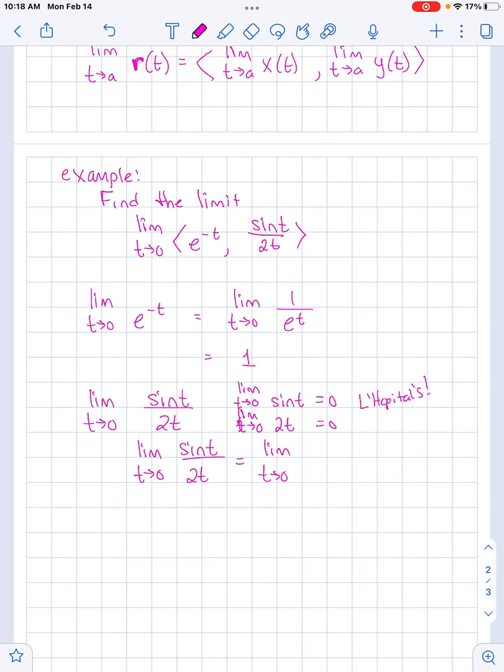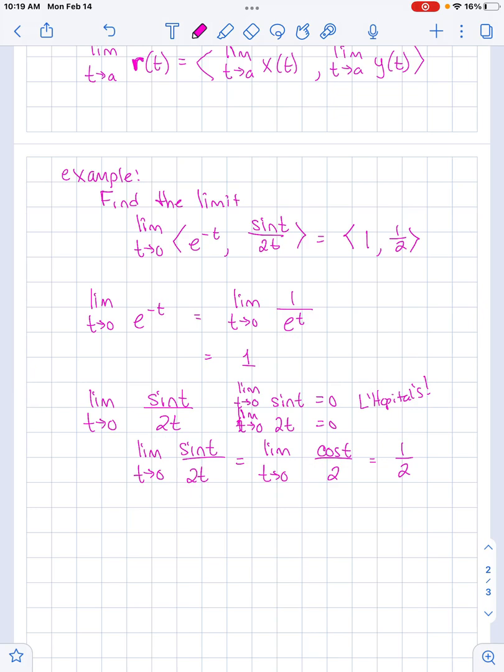So using L'Hopital's rule, I will find the derivative of the numerator, which is cosine t. I will find the derivative of the denominator, which is 2. If I plug 0 in now, the cosine of 0 is 1, and we have 2 in the denominator. So finally, the limit of this vector valued function is 1, 1/2.